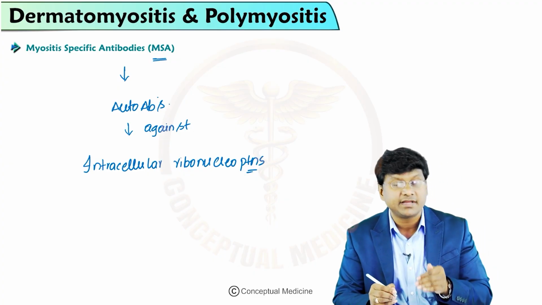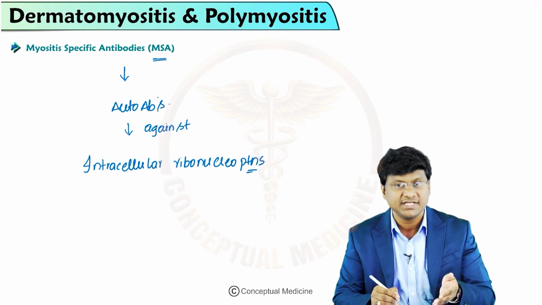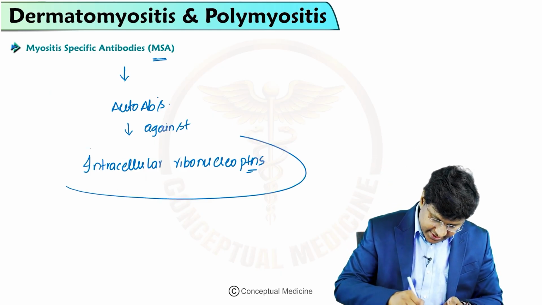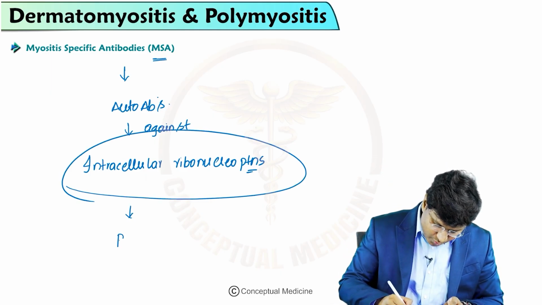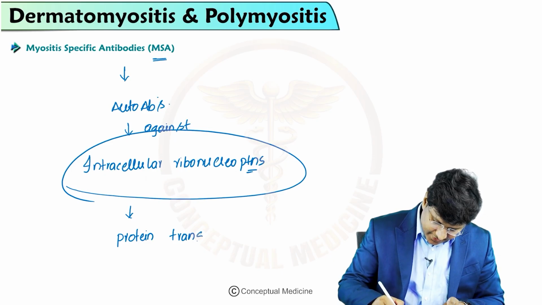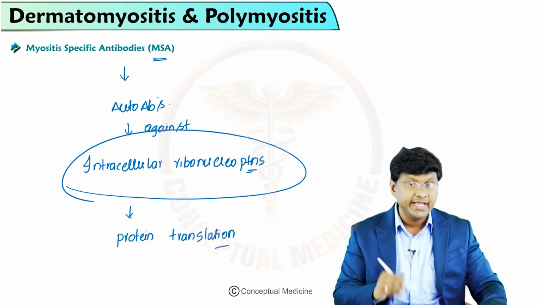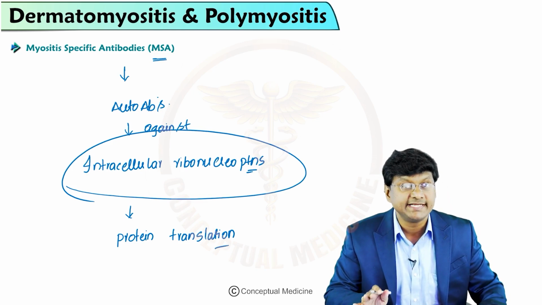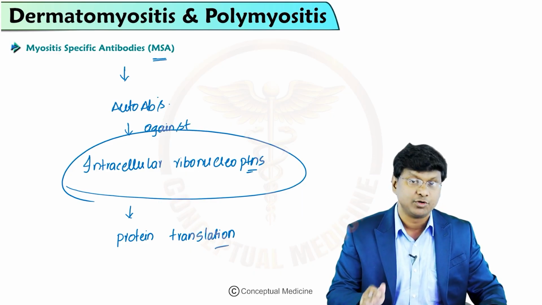They are directed against intracellular ribonucleoproteins that are involved in protein translation. So that is about your myositis specific antibodies.